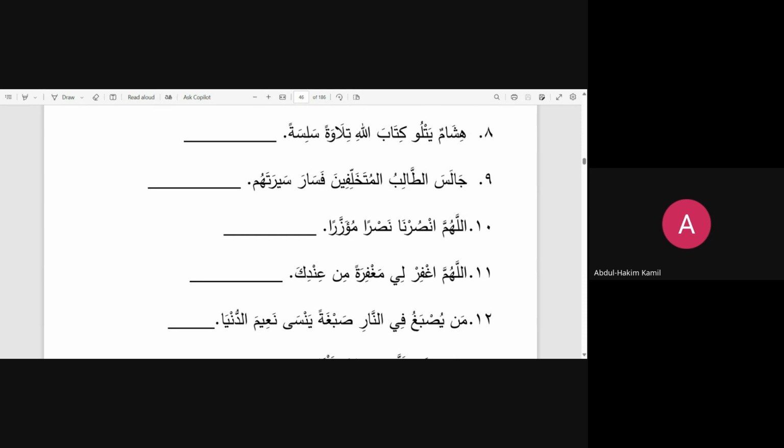I put this pothole in there just to trip y'all up. This is a New York City pothole, a South Bronx pothole. Okay, listen. It says sayratahum. Who's whom? Those mutakhallifin. But what if I said Sara sayrat al-mutakhallifin? It's a description.